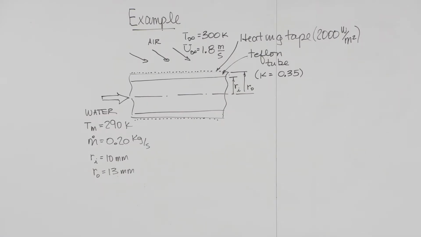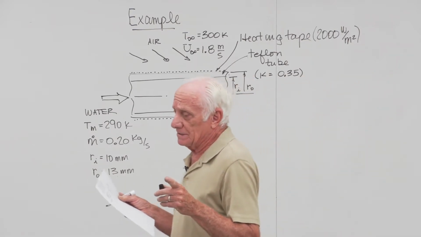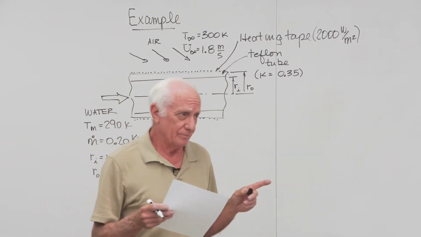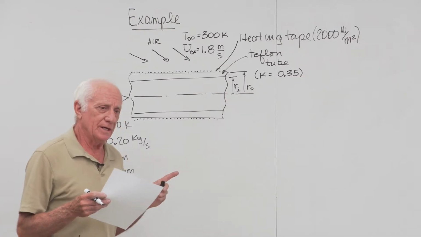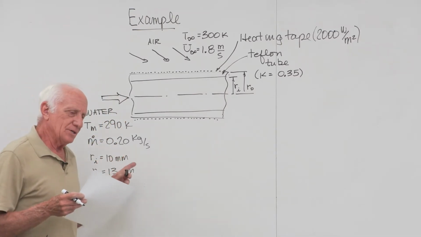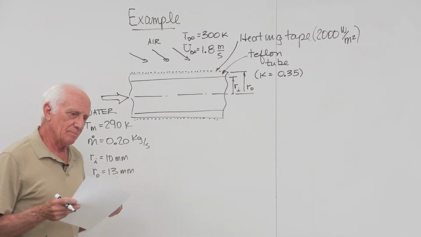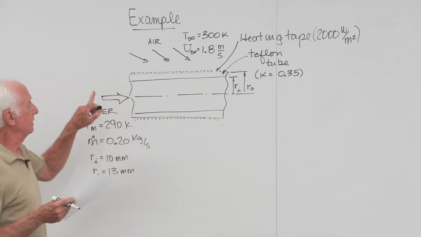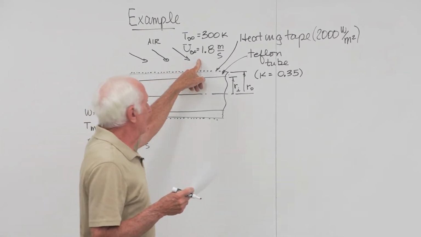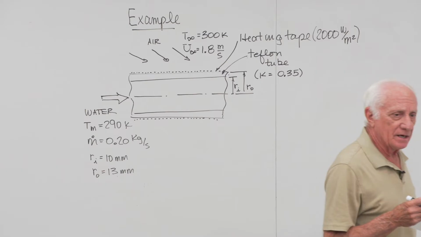In the textbook, he gives you H on the outside, 25. No, we're going to find H. But to find H, somebody's got to give us the velocity of the air. So here's the change: H outside is not given in the problem, but in place of that, the free stream velocity, 1.8 meters per second.